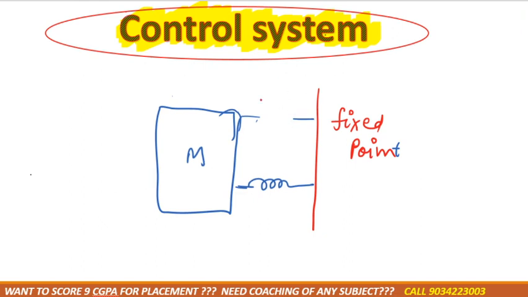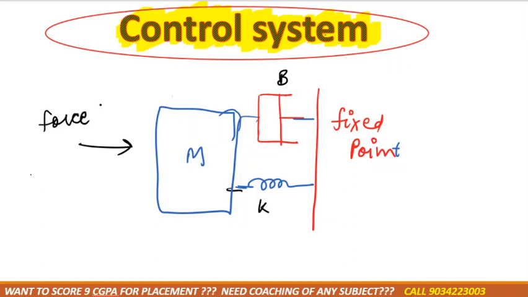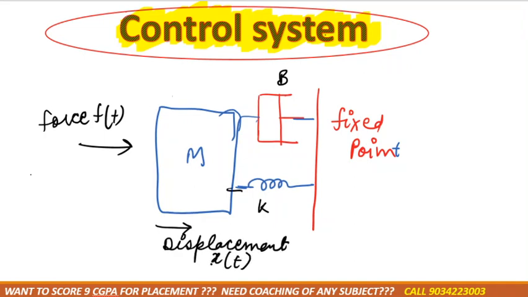Understood this point, that this is the damper. So as you know, damper or friction is denoted by B, this is the spring denoted by K, this is the mass, and we are applying force F of t over here, right? If we apply force in this direction, obviously the mass will move in this direction, right or not? So displacement is x of t.